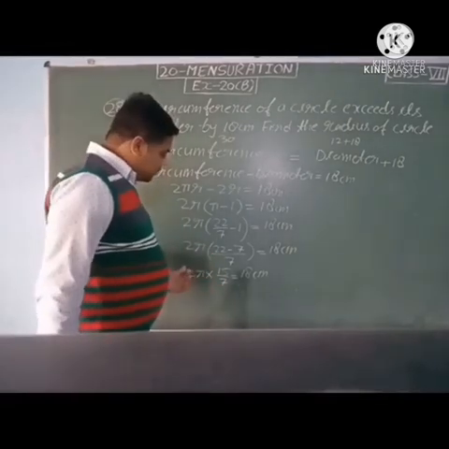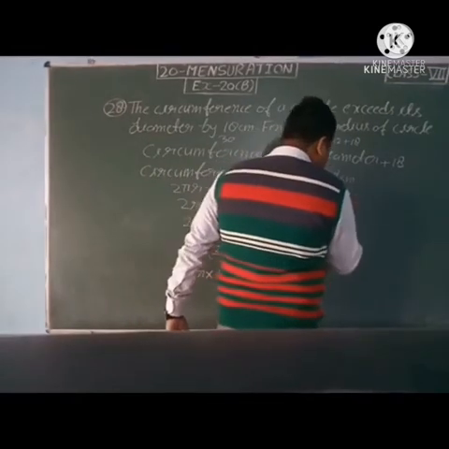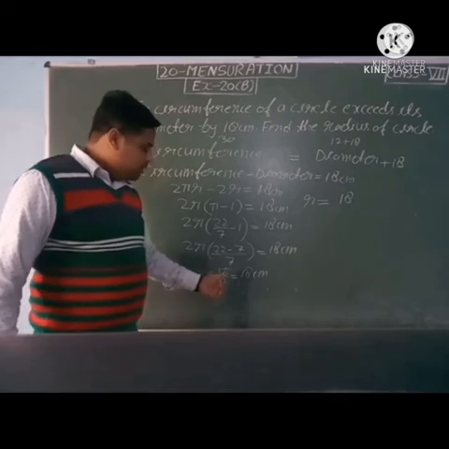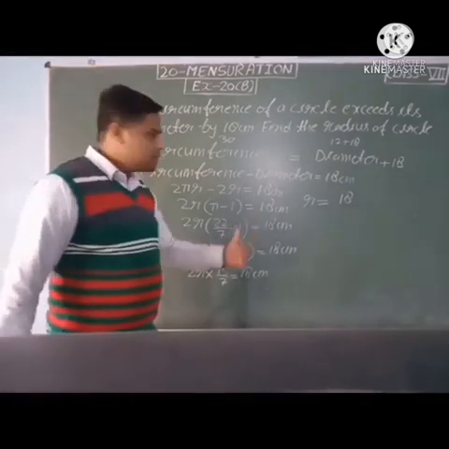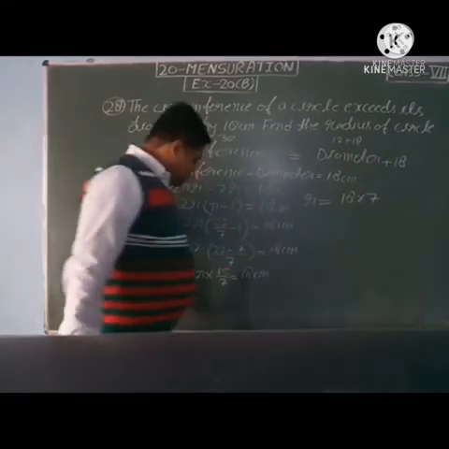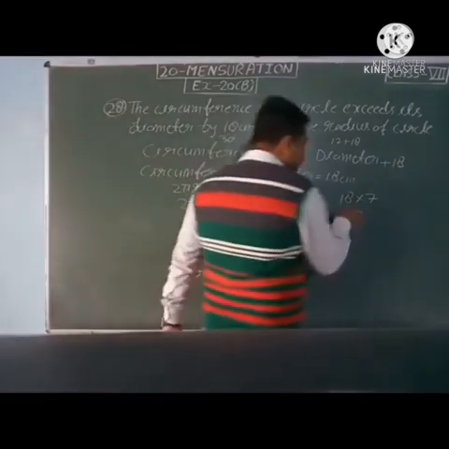Now you can see r is equal to, yes, 18. 7 is divided with r, move to RHS, changes into multiply 7. 2 and 15 are multiplied with r, move to RHS, changes into divide.